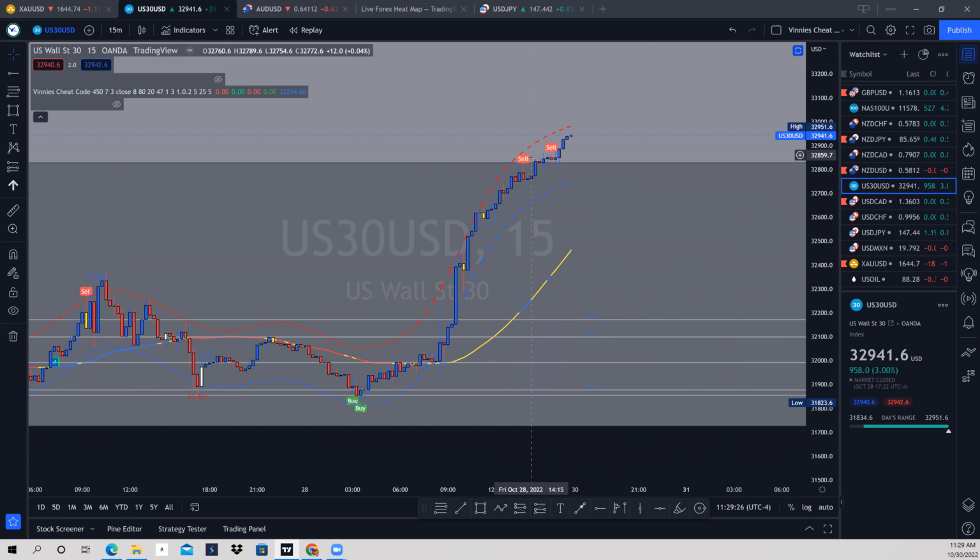All we're looking for now on the 15-minute time frame is a cheat code sell signal. Once we receive that cheat code sell signal on the 15-minute time frame and it closes back inside of the band, then we can take the trade to sell US30.